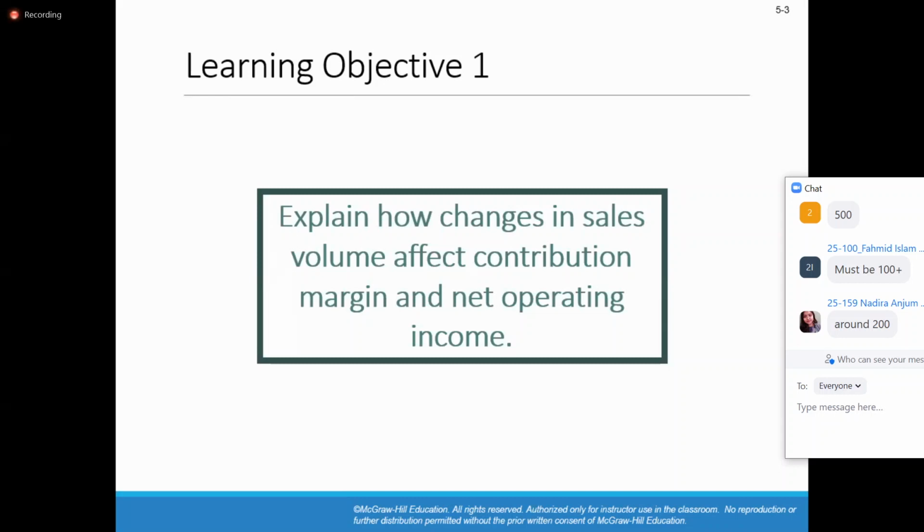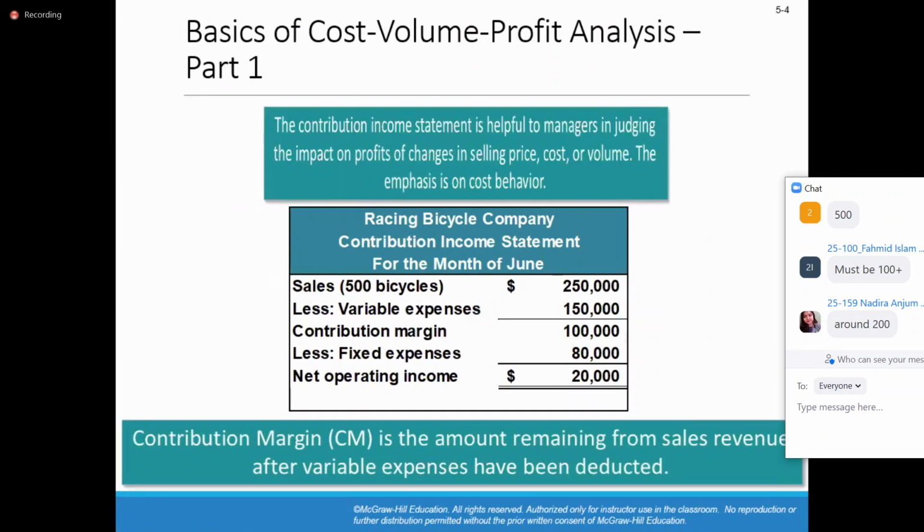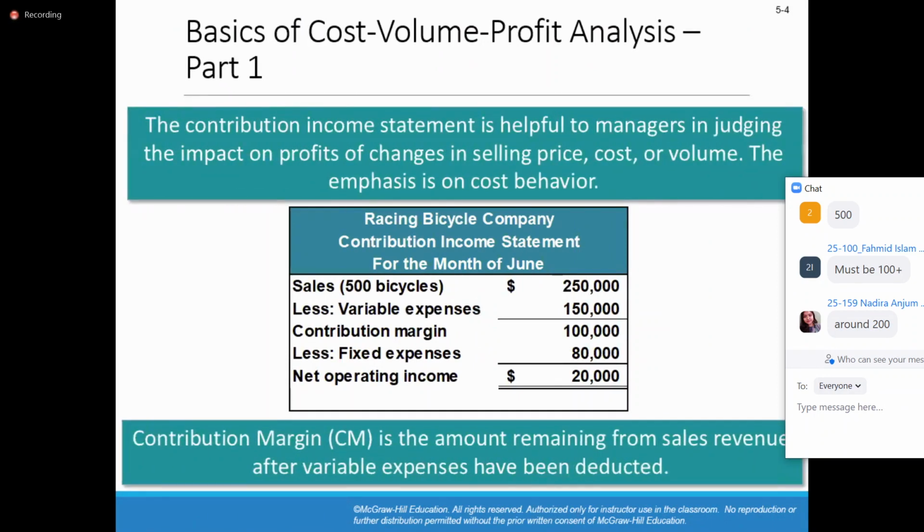Okay. So in this lecture, we will be interested to cover at least 3 learning objectives. Our first learning objective is to see how changes in sales volume affect contribution margin and the net operating income. This will be some recap of what we understood from the previous classes.